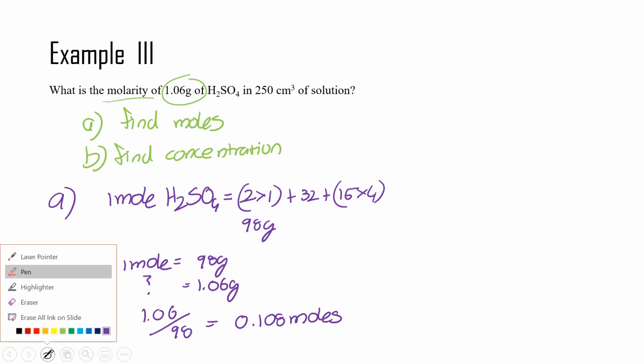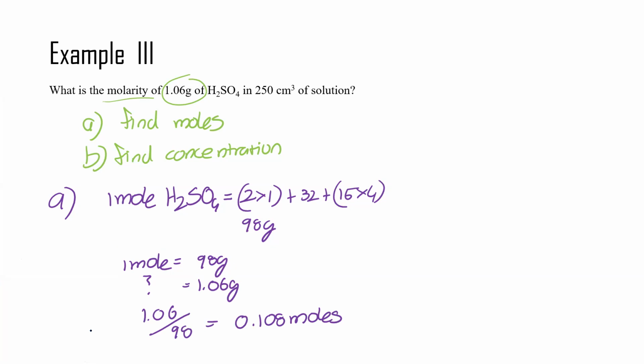Then, once we have found the number of moles, we can find the molarity or concentration. So B. Here we can say that 0.108 moles is equal to 250 centimeters cubed. How many moles are equal to 1000 centimeters cubed?